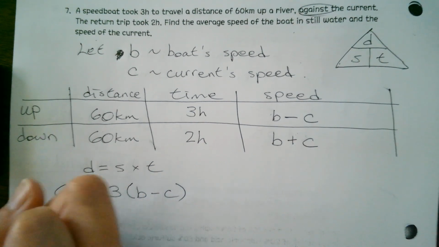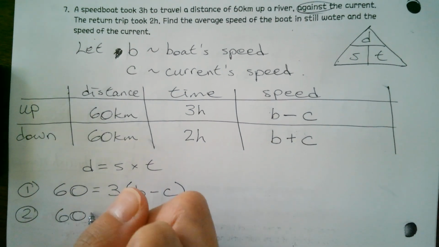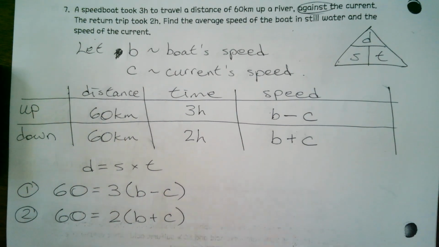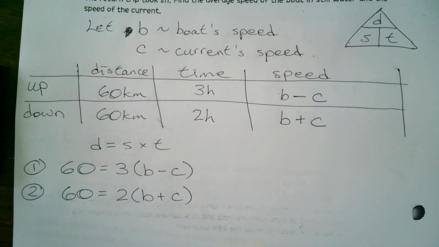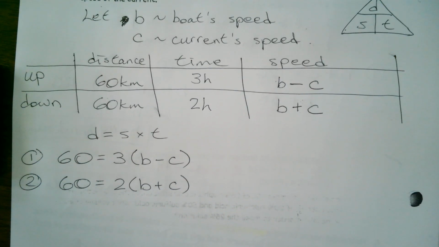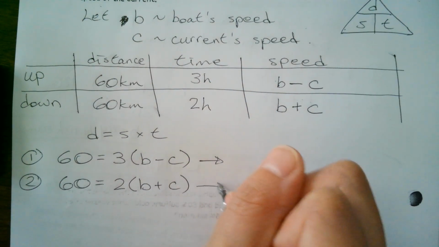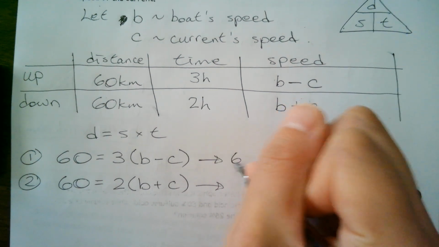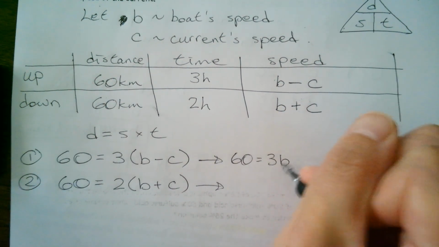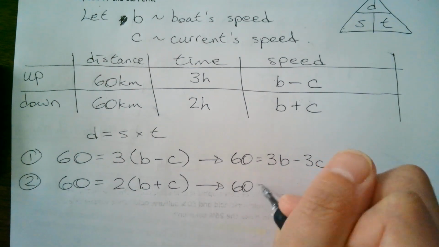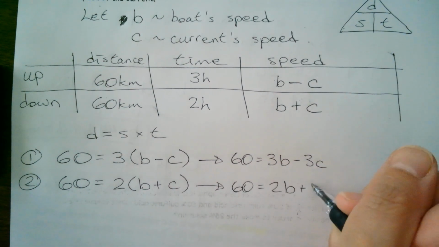And my second equation would be 60 equals 2 times (B plus C). I still have to expand this out. So 60 equals 3b minus 3c, and the bottom equation would be 60 equals 2b plus 2c.